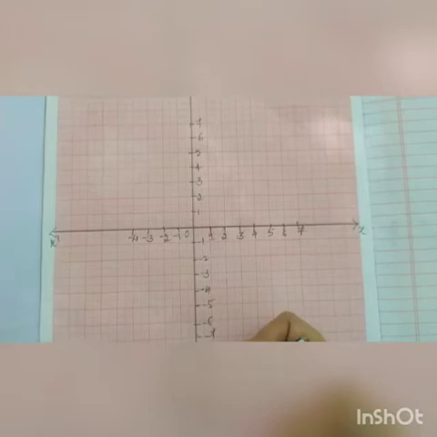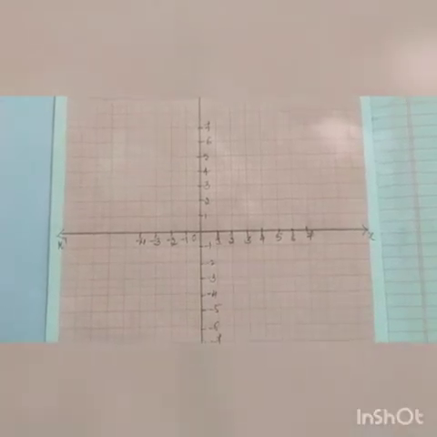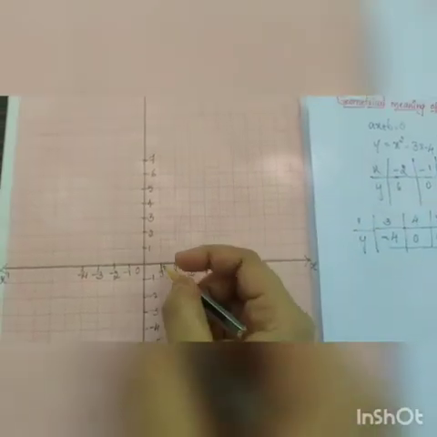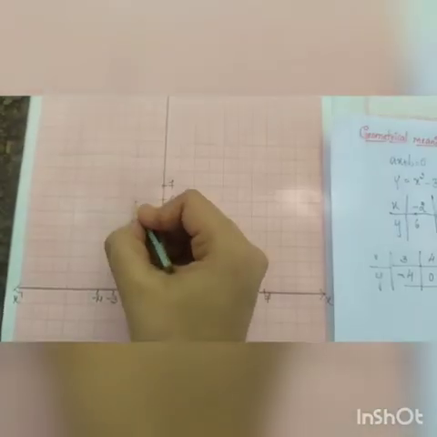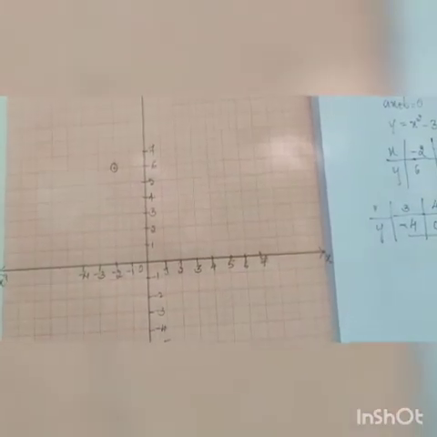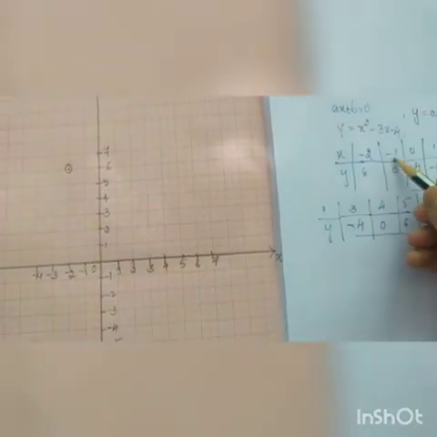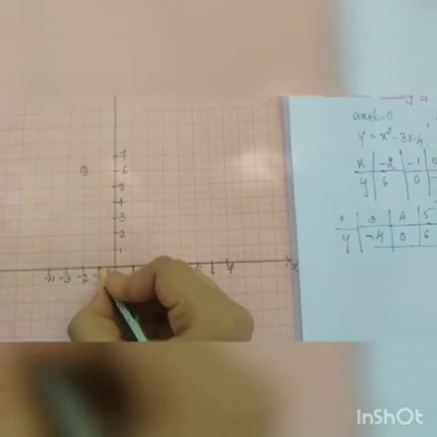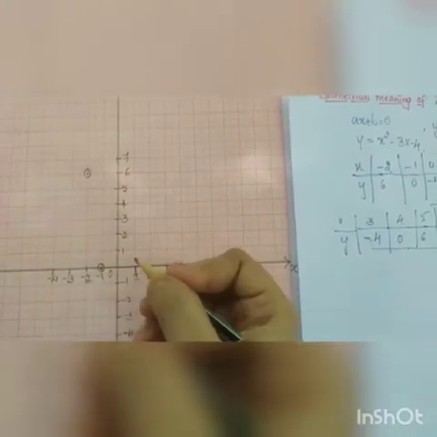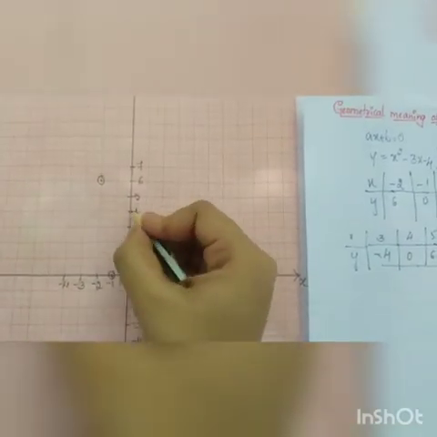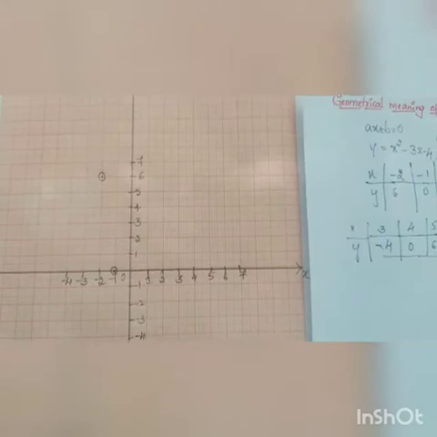Now let me plot the points which we have taken. The first point is minus 2 comma 6. Remember, you have to take both negative as well as positive values. The second one is minus 1 comma 0. Next is 0 comma minus 4.